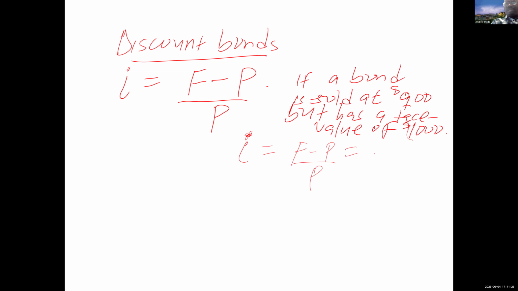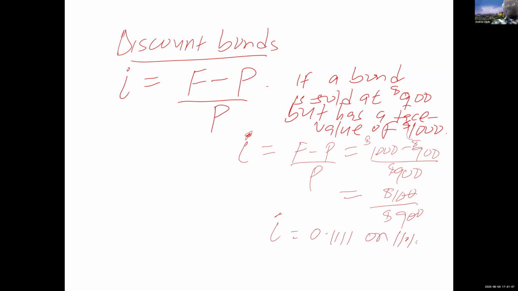Very straightforward. So this is $1,000 minus $900 divided by $900. The numerator is $100 divided by $900. So 1 divided by 9, that interest rate is going to be 0.111 or 11.11%. Okay, so it's very straightforward.